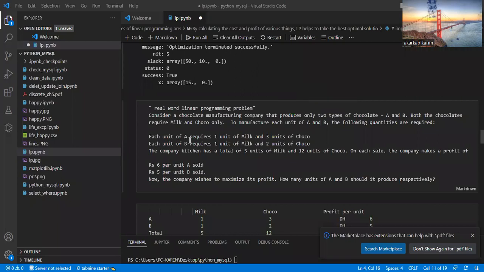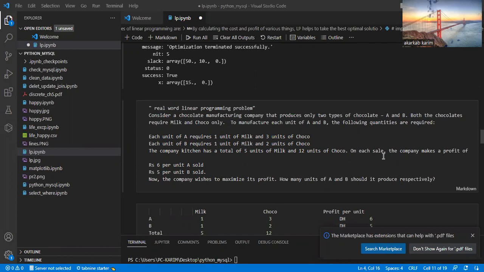Each unit of A requires 1 unit of milk and 2 units of chocolate. Each unit of B requires 1 unit of milk and 2 units of chocolate. The company kitchen has a total of 5 units of milk and 12 units of chocolate.